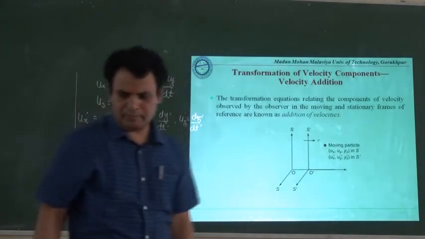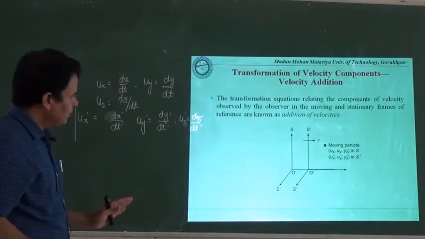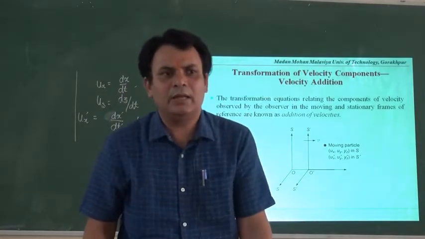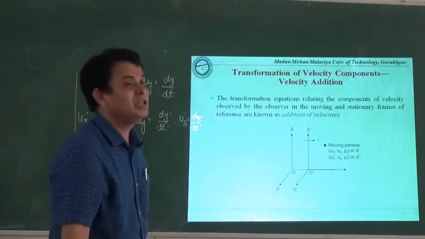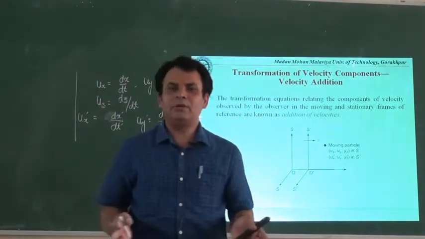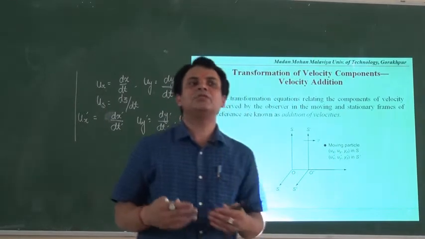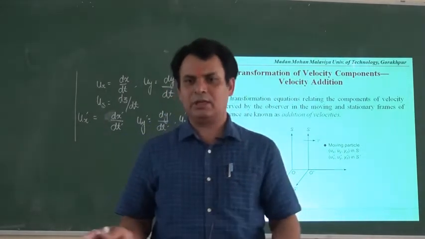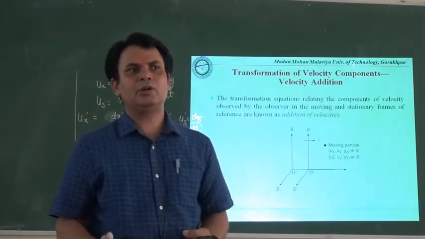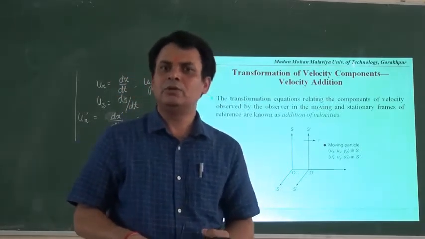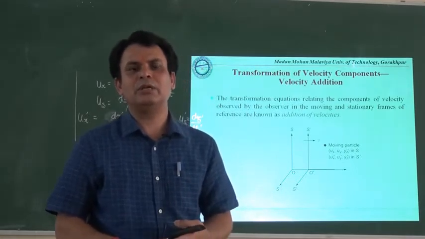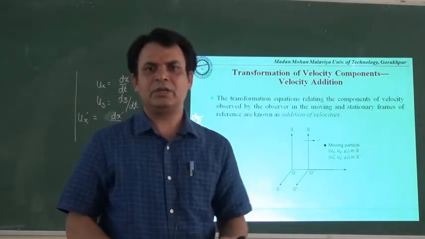For that we will start from the basic transformation equation suggested by Lorentz, known as the relativistic transformation equation, which has been derived on the basis of the postulates of the special theory of relativity.